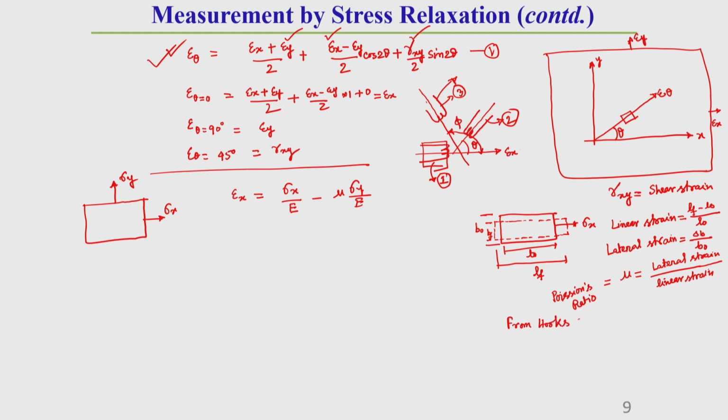From Hooke's law we know that stress is proportional to strain till the proportional limit. Sometimes this proportional limit coincides with the elastic limit, that is why it is called the elastic limit.